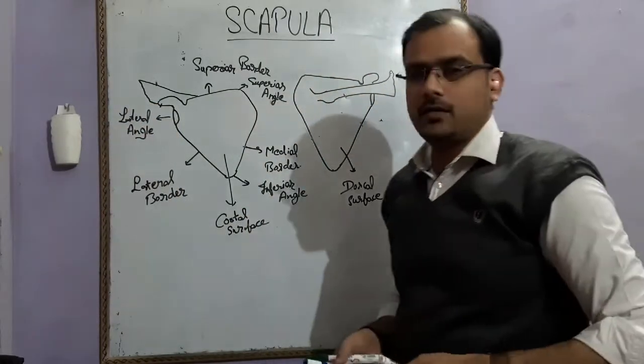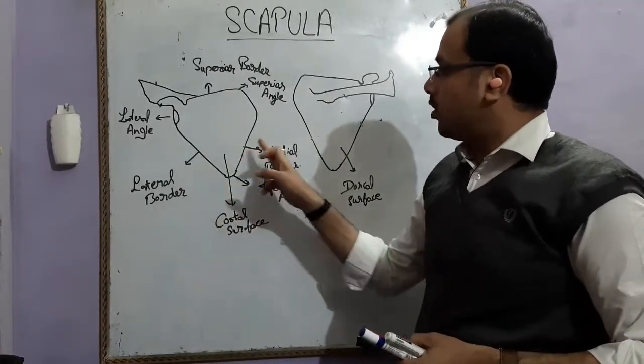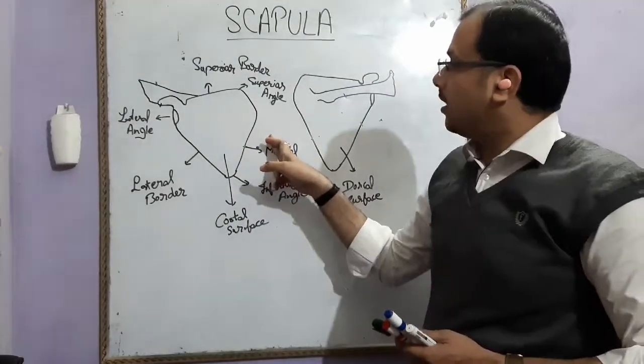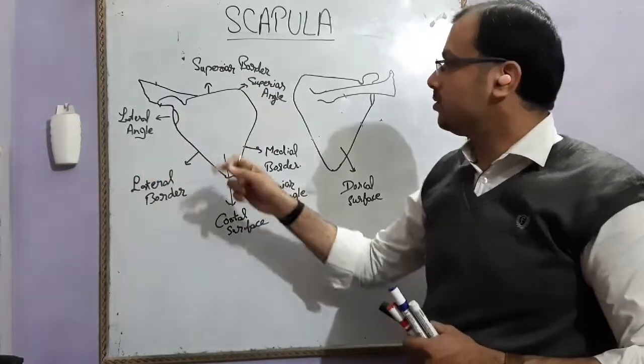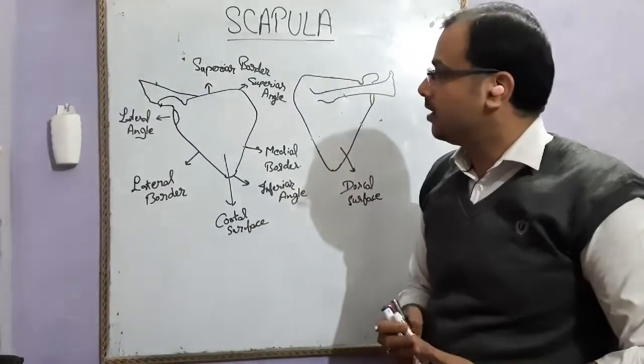So the body has three borders: superior, lateral and medial; three angles: superior angle, inferior angle and lateral angle; and two surfaces: costal surface and dorsal surface.